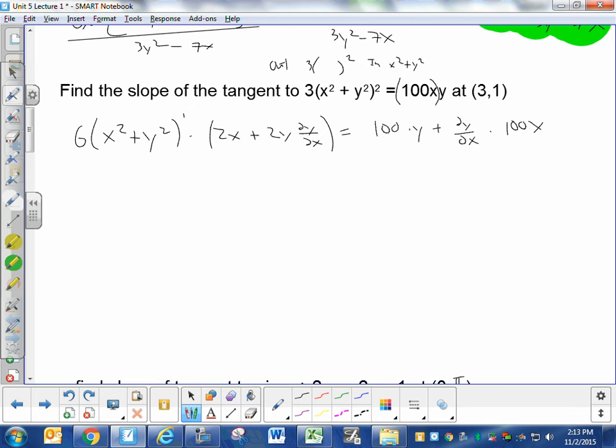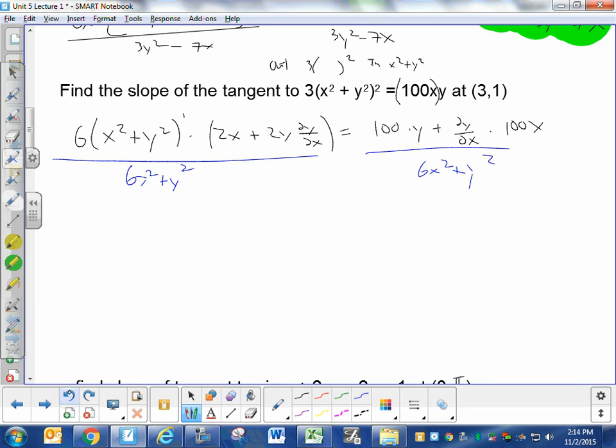Now, because I have parentheses, it is not easy to manipulate this and move the 2y dy/dx to one side and just move everything else. If I try to divide by 6(x² + y²), that will just trap the dy/dx on this side. So all of a sudden, solving is a little bit more difficult.